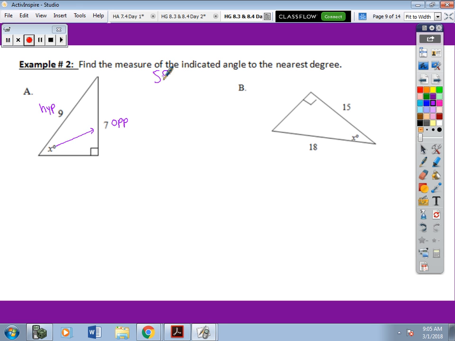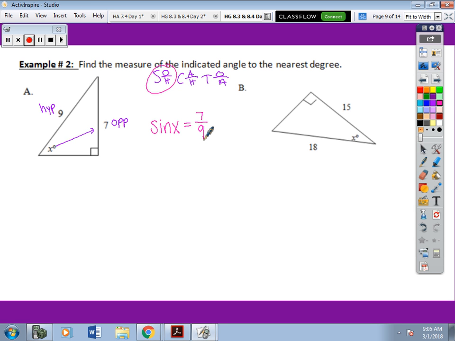So again, thinking back to our acronym, SOHCAHTOA, what trig function would I pick? Sine, cosine, or tangent? What did I pick, Marquise? The sine. Okay, so normally it is sine of the angle, x, equals opposite over hypotenuse.